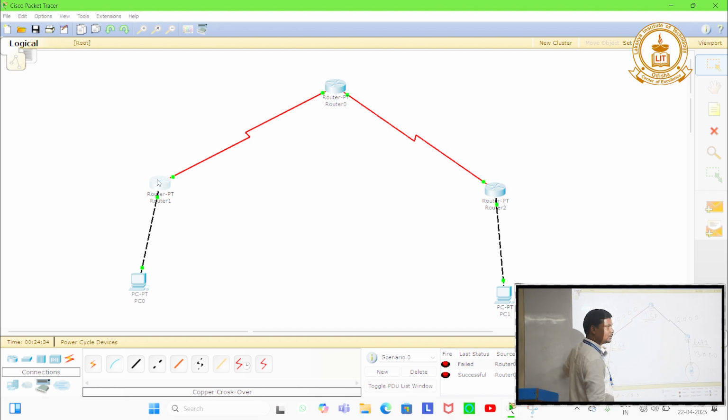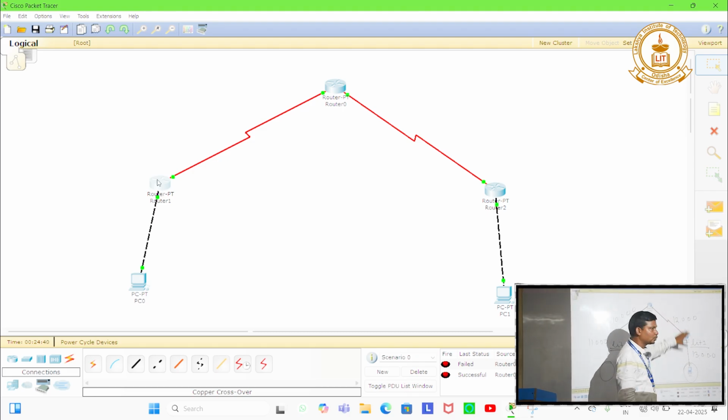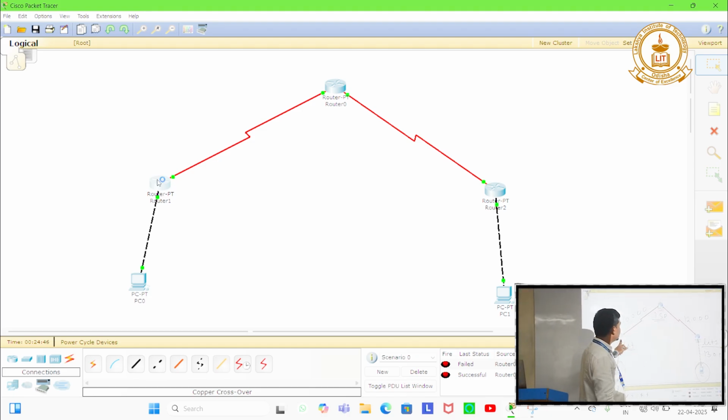In the LIT1 router also, 2 networks are directly connected. When a router is configured with the routing information protocol, it advertises to its neighbor routers which networks are directly connected.